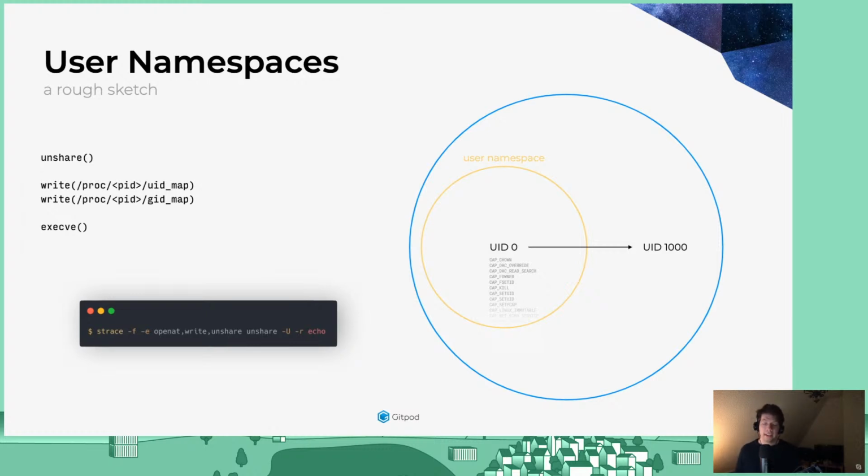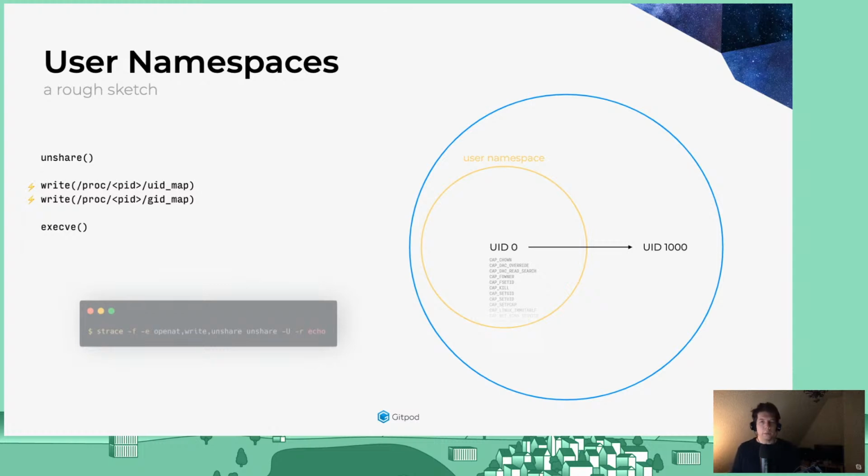This is all fine and dandy, except we cannot do this in a Kubernetes pod. And the reason for that is that in order to write to proc PID, UID map or GID map, we need CAP_SYS_ADMIN in the outer namespace. So we need CAP_SYS_ADMIN, in this case, on the node, because there are no user namespaces in Kubernetes yet.